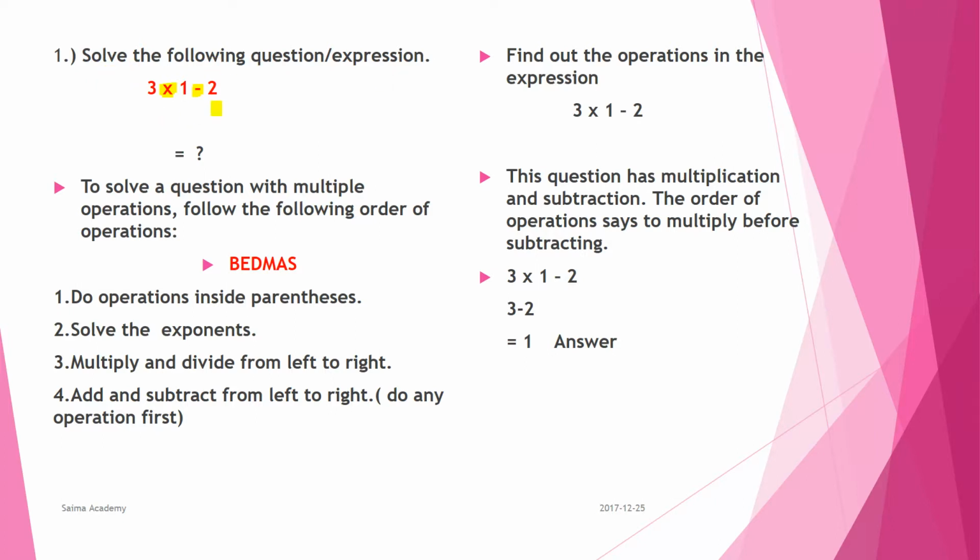In this question you have seen that we have two operations, or you can say two signs. One is multiplication and the other is subtraction. In algebra, if you have an expression with multiple operations, such as parenthesis, addition, subtraction, multiplication, and exponent, what do you have to do first?